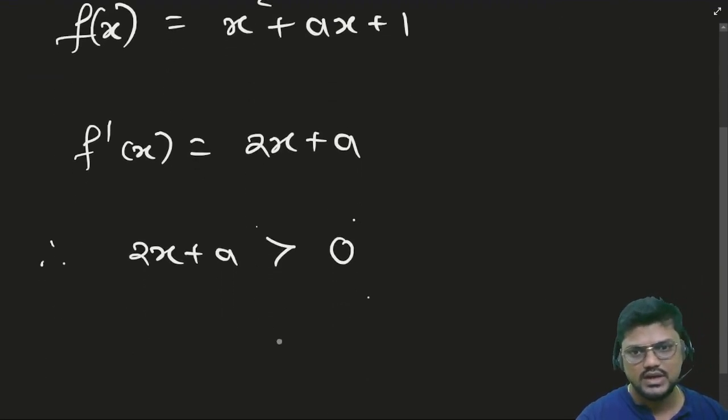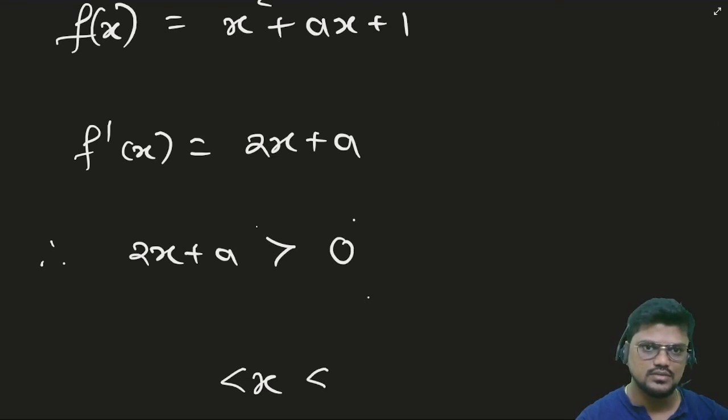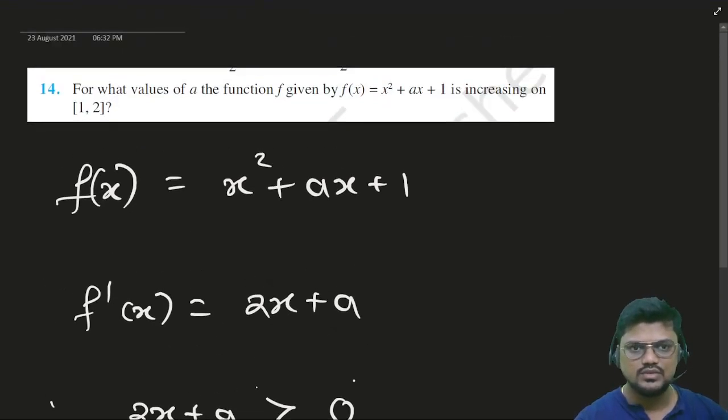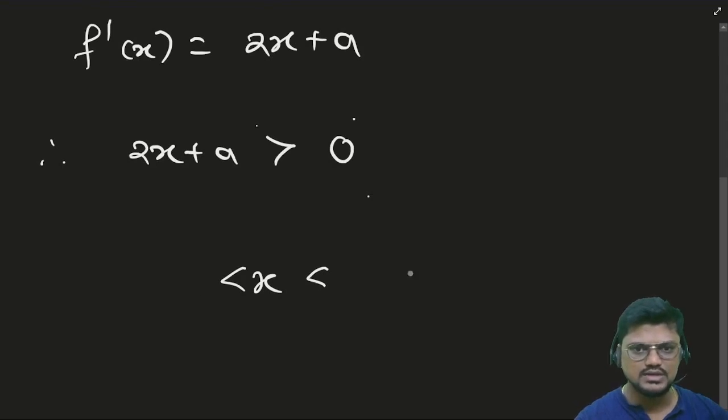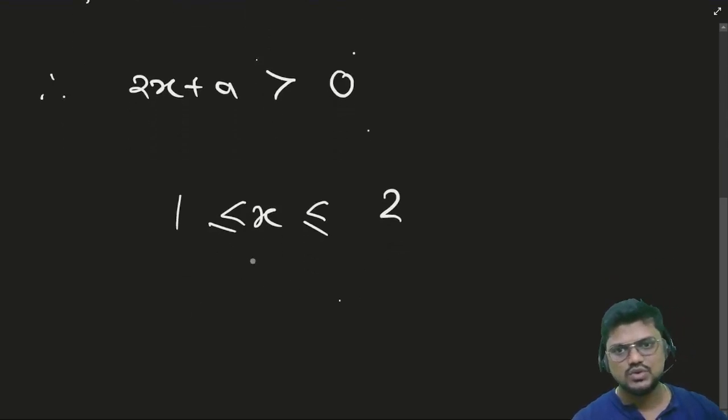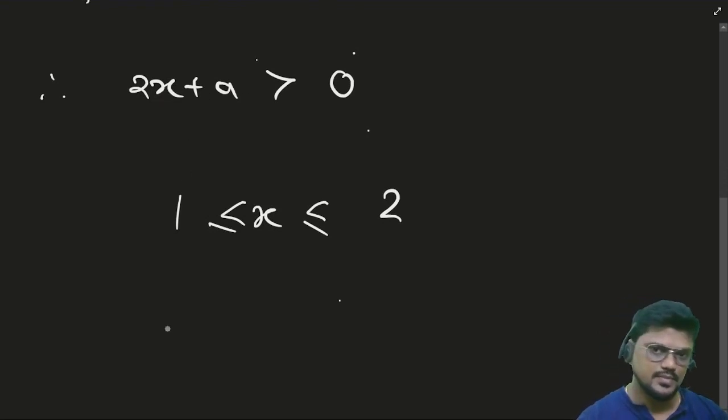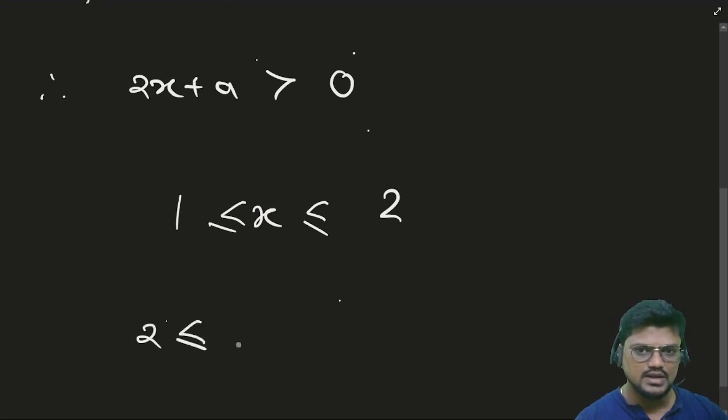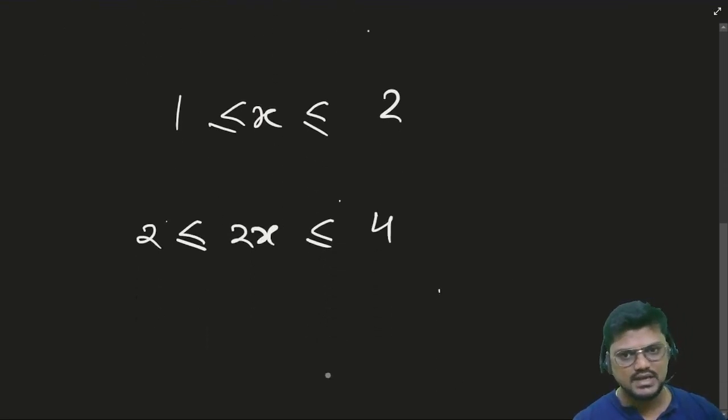Now we know that x lies in the interval 1 to 2, and it is a closed interval, so we'll put the equal sign also. If I multiply 2 on both sides, it will be 2 less than or equal to 2x less than or equal to 4, and plus a is there.